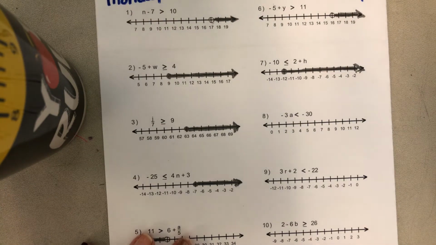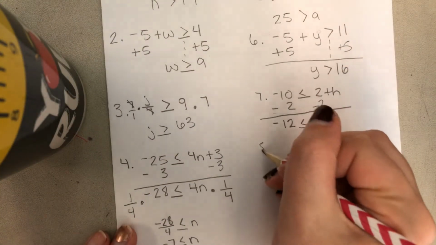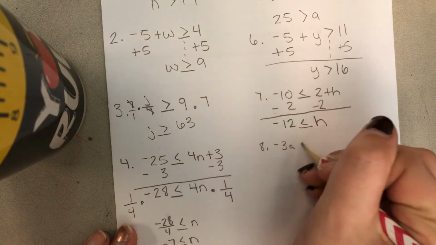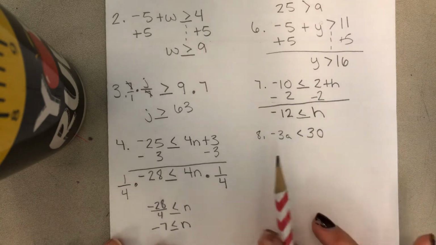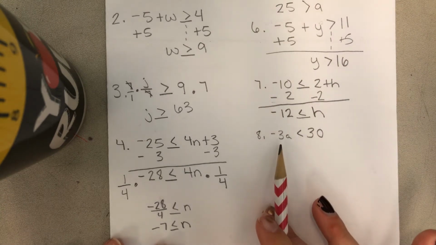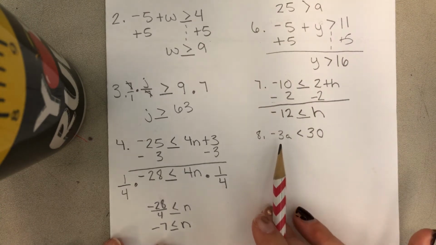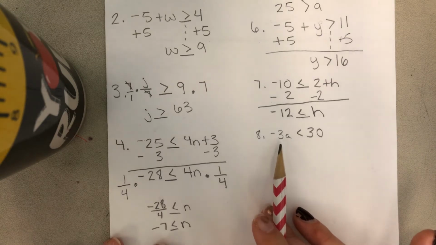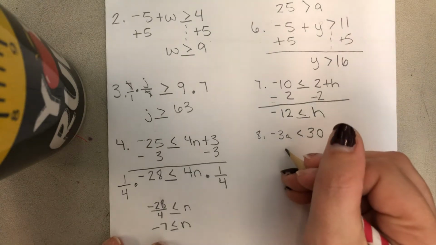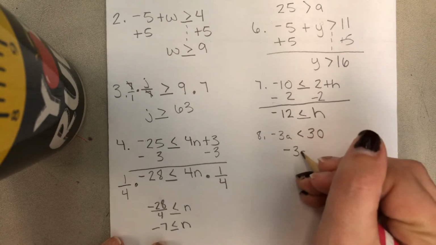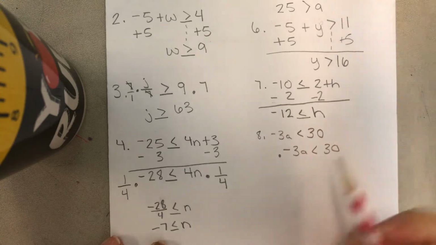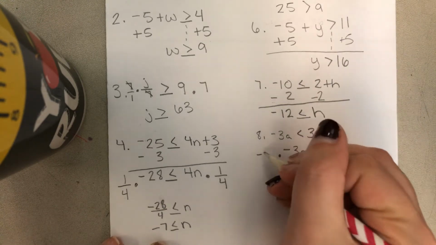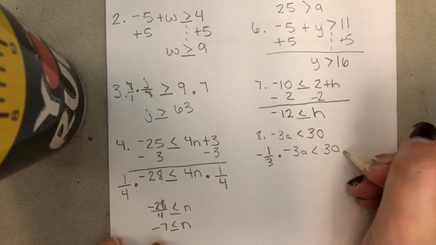Number 8: -3a is less than -30. I have a number in front of my variable, and so therefore I need to multiply by the reciprocal. I'm just going to rewrite this because I have that number 8 there, so I don't have room. So I'm multiplying by the reciprocal of -3, so that's -1/3.